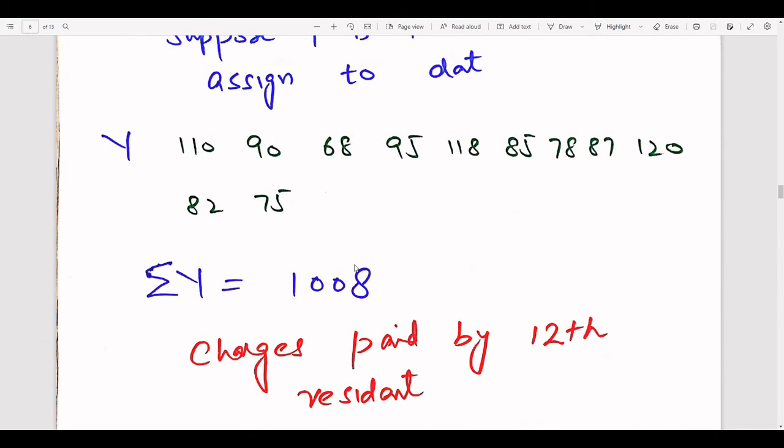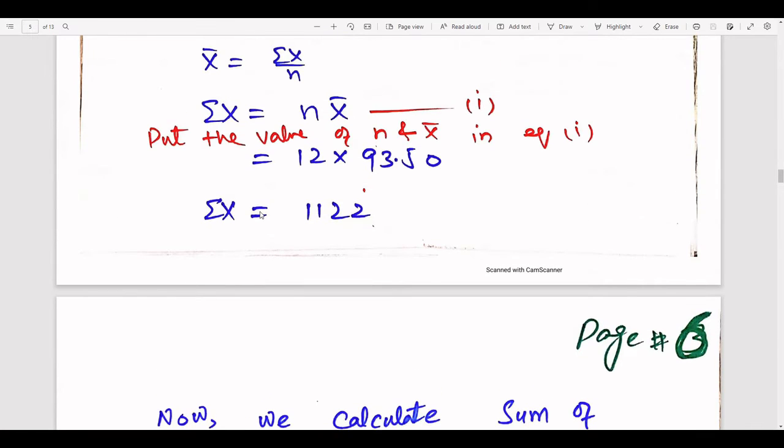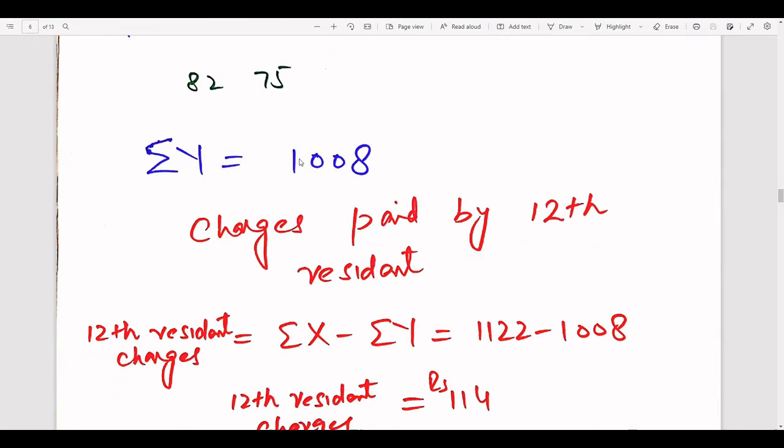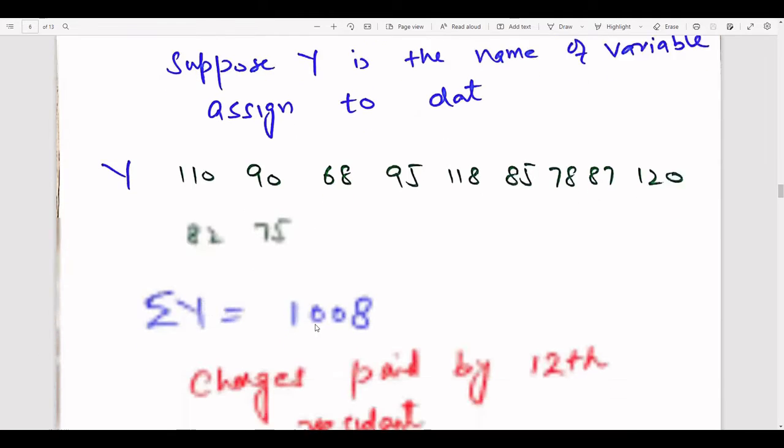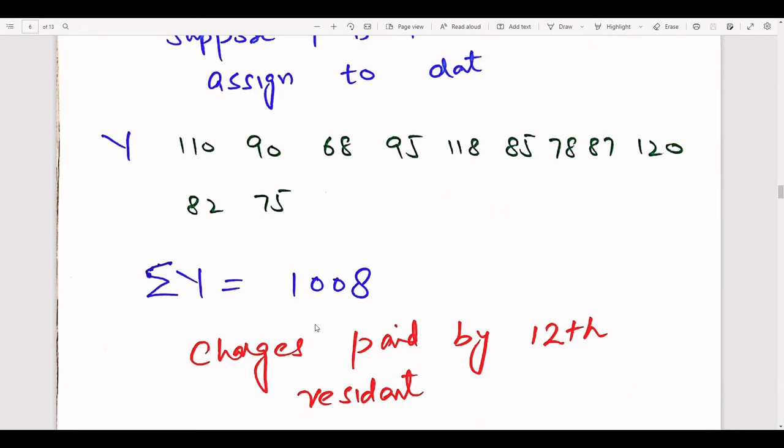So this is the sum of 11 residents and this is the sum of 12 residents. If we subtract 11 from 12, we can find the bill or charges paid by the 12th resident.